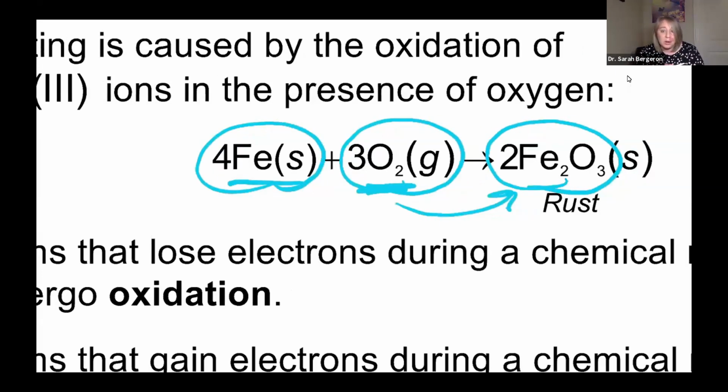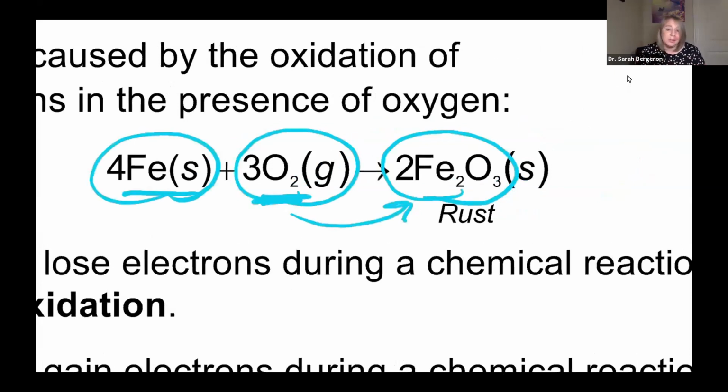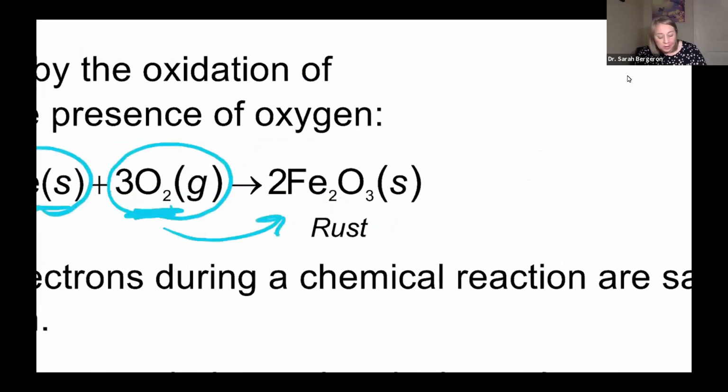We're going to know that those charges add up to 0. So let's do that for our product first, because this is something you're super familiar with. We said that it's iron 3 oxide, and the problem told you that it was iron 3.